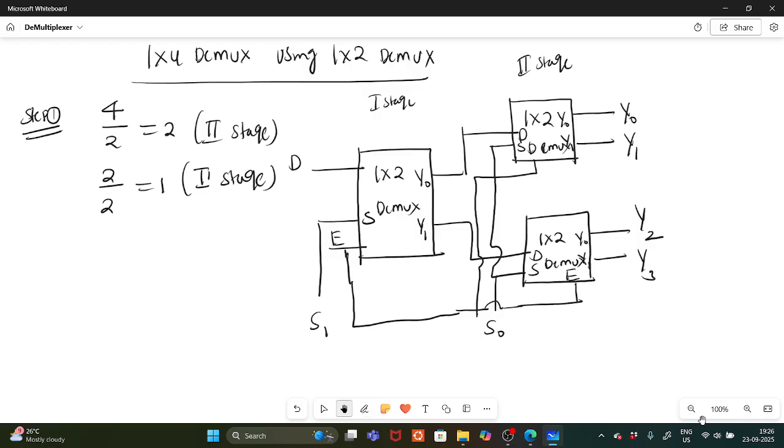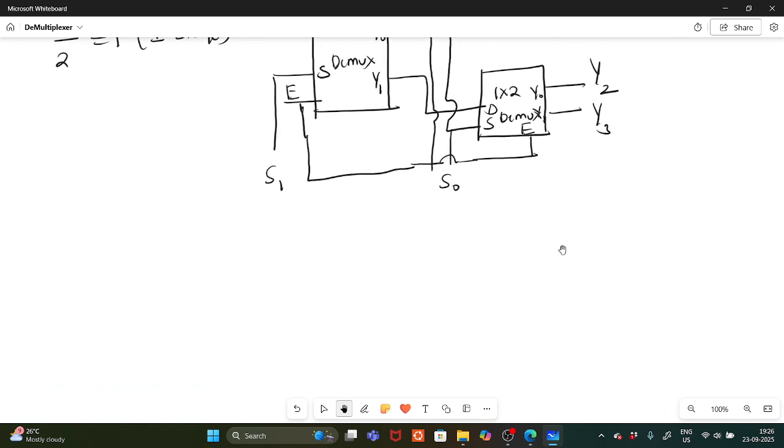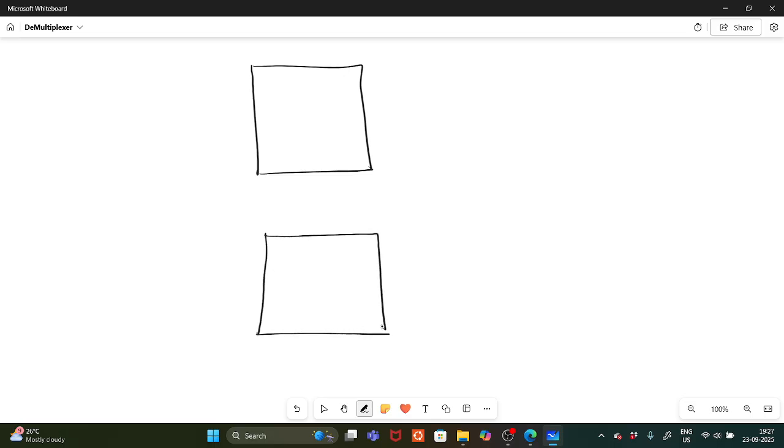Okay. One more implementation is like this: you should use two 1 cross 2 demuxes. So this is one 1 cross 2 demux, and another 1 cross 2 demux.